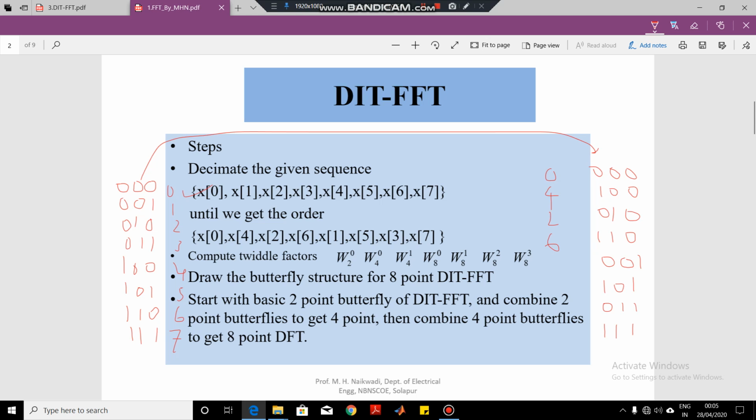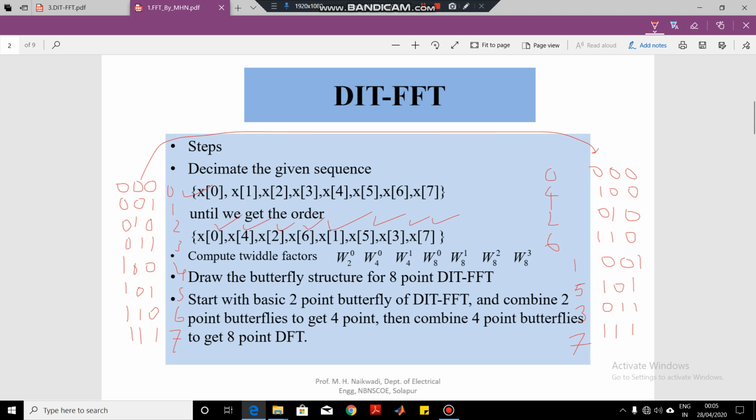So we get 0 4 2 6. Then 001 is 1, 101 is 5, 011 is 3, and 111 is 7. So we are getting 1 5 3 and 7. So this is how we get the sequence.